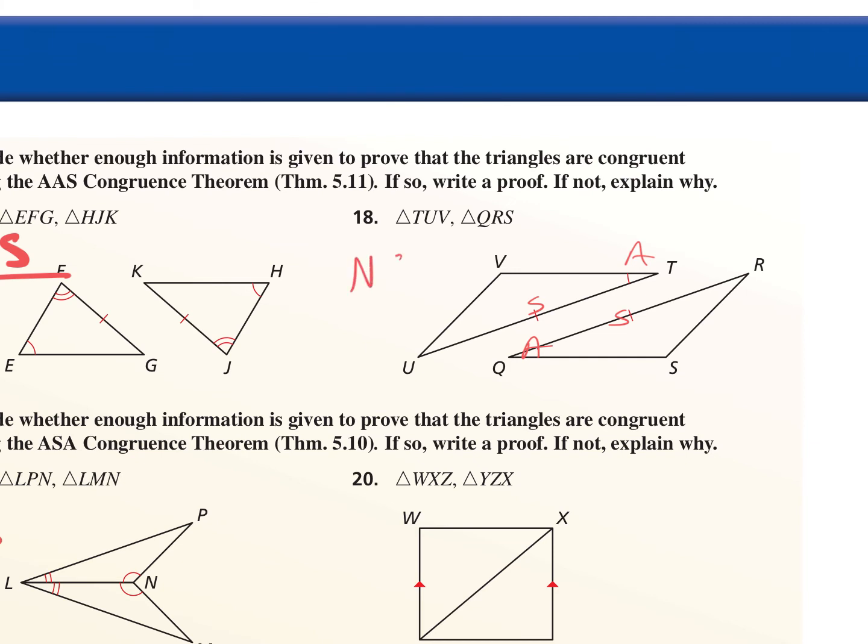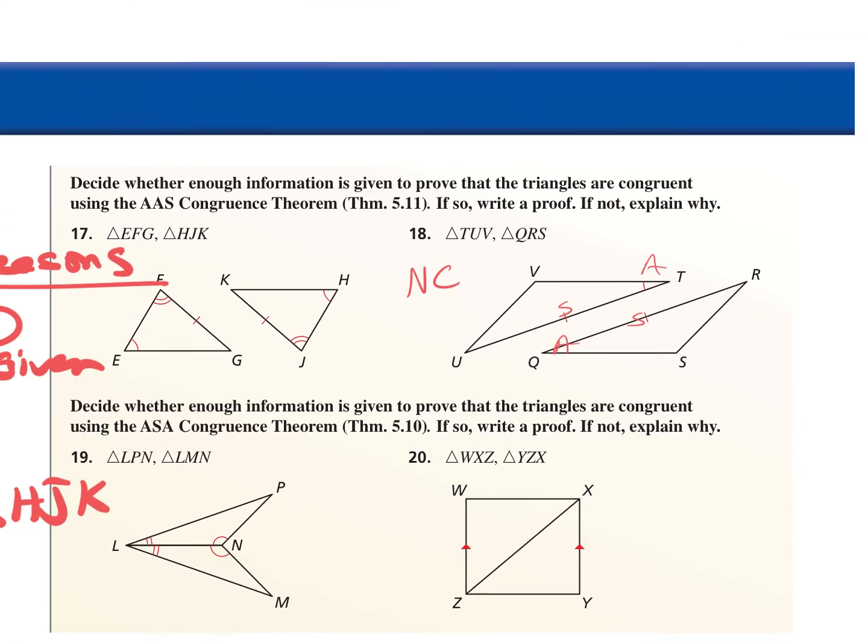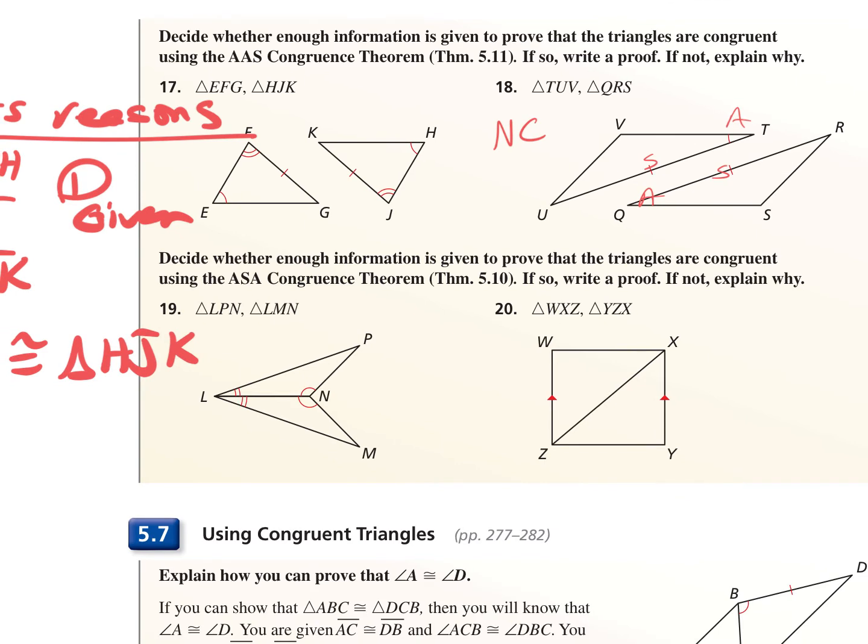So this one would be not enough or no congruence. And then number 19, now they want you to use angle side angle. Notice I've got 2 angles marked as congruent, and I can always bring in my reflexive side when they touch. So this is enough information using angle side angle.